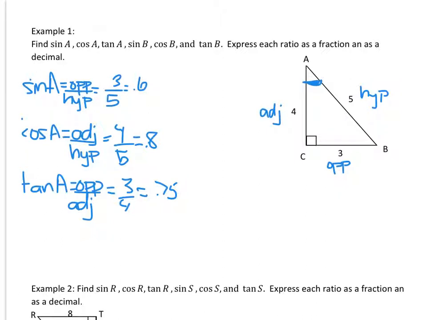Alright, so let's erase. So now for angle B, B is going to be here, so these no longer apply. So for angle B, our opposite is going to be 4, our hypotenuse is still 5, our adjacent is 3.